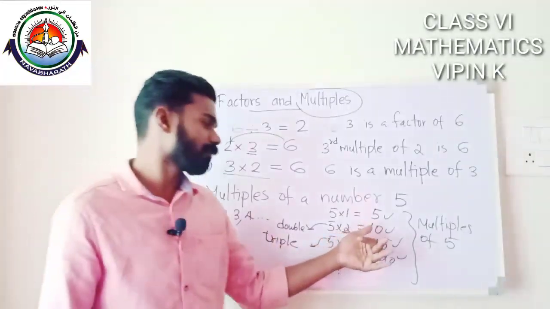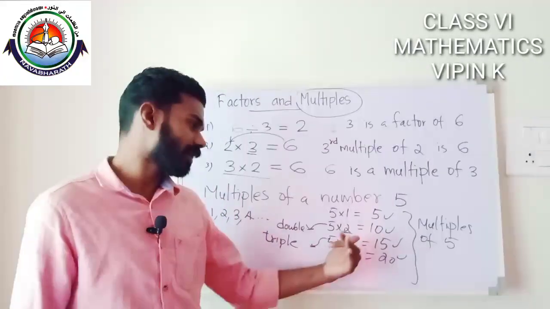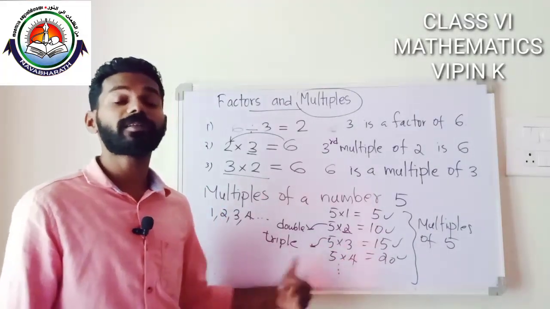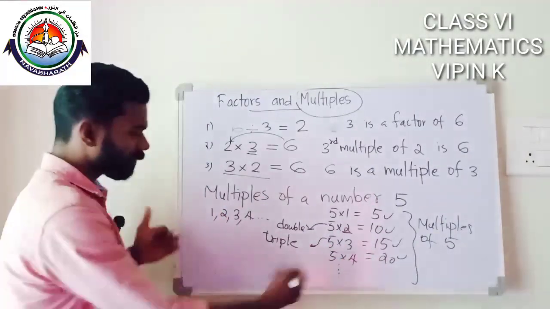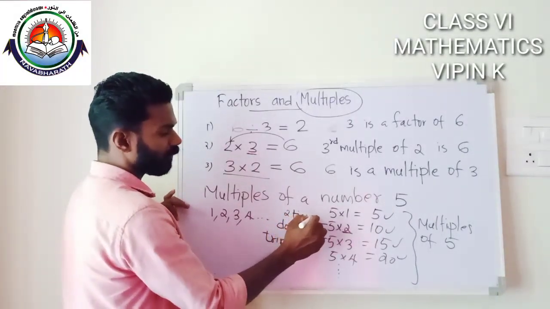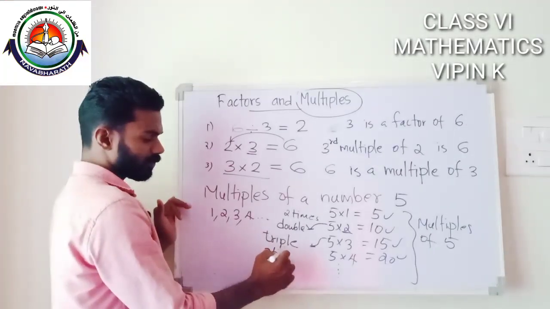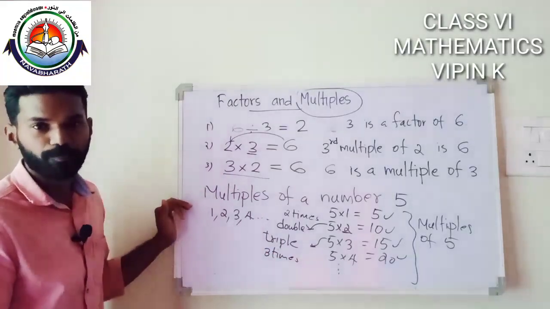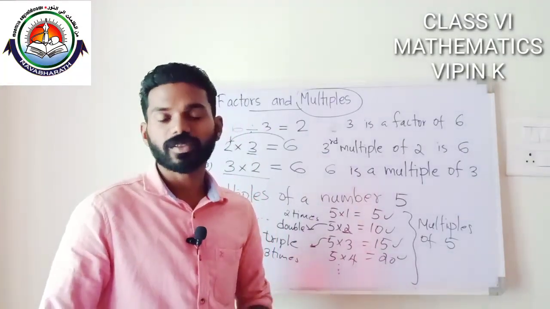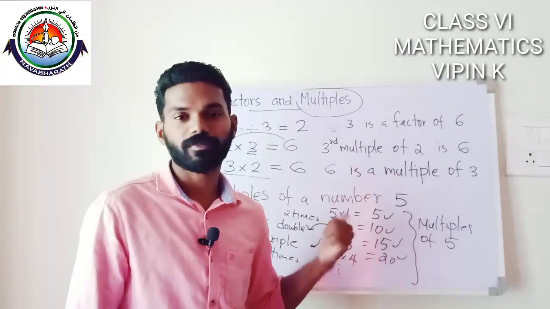The double of a number, we can also say 2 times the number. The triple of a number, we can say 3 times the number. Just like that we can get all the multiples of a number. So I hope you are clear about the concept of multiple of a number.